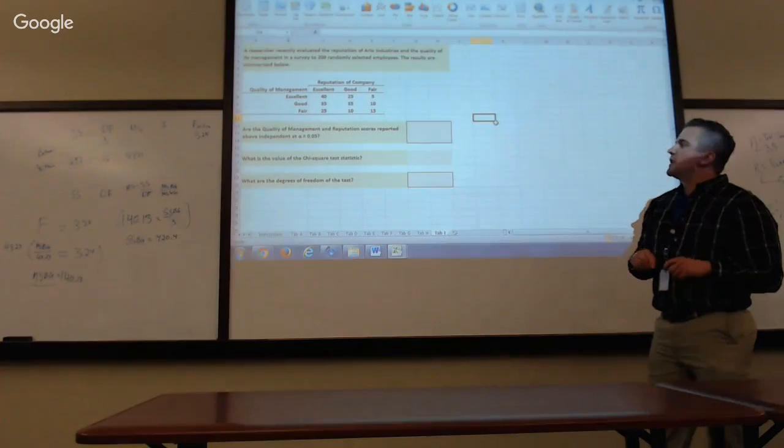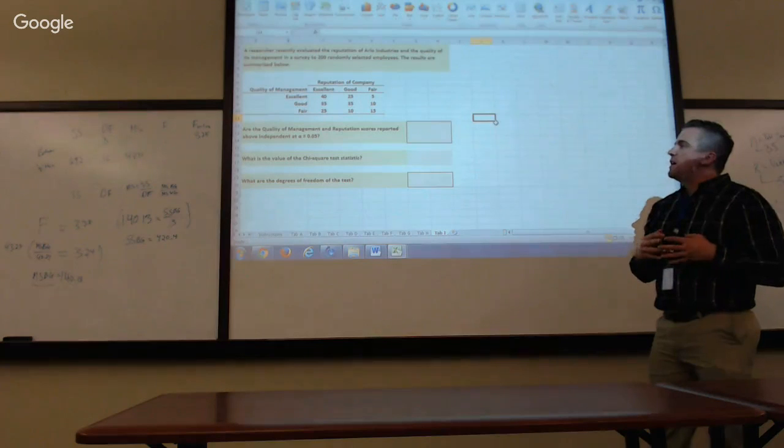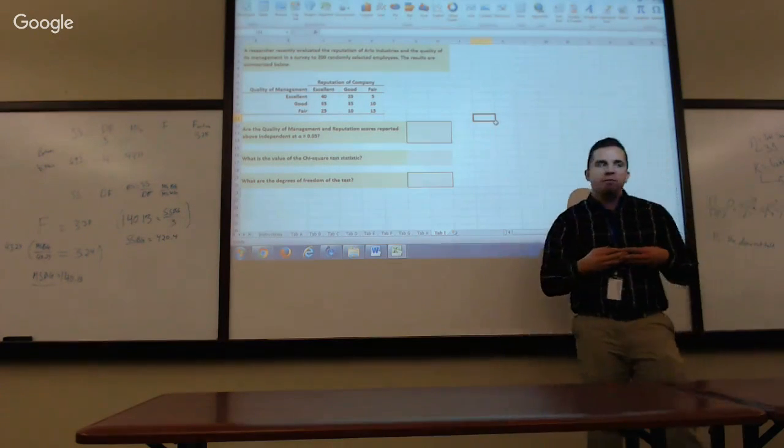Are the quality of managers and reputation scores above independent at alpha value of 0.5?